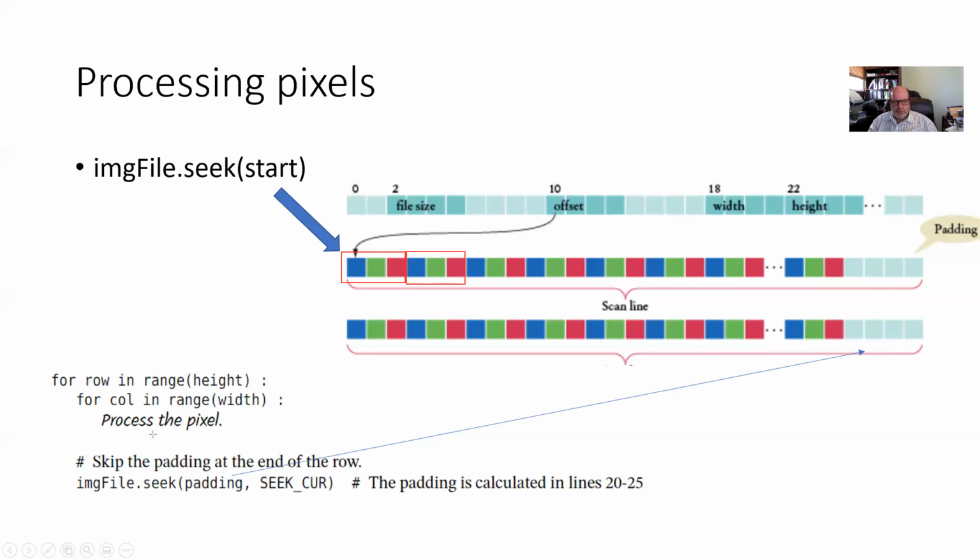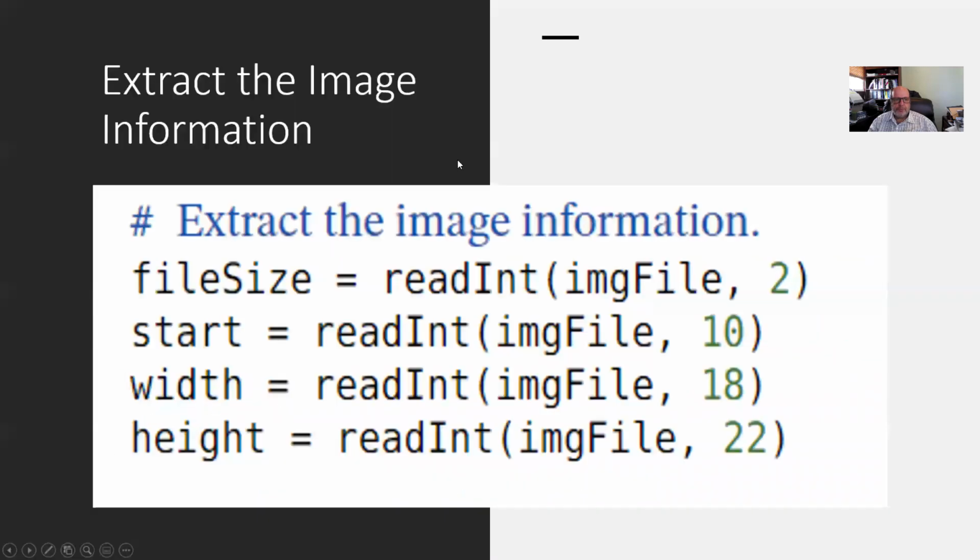And when we're done with the column, we do this to go back to this. So we're going to get the file size, the starting point, the width, and the height.